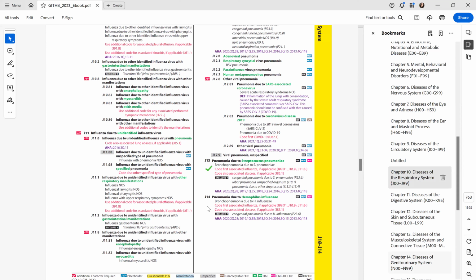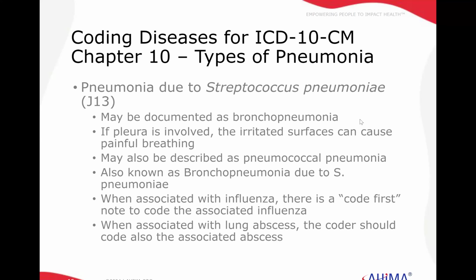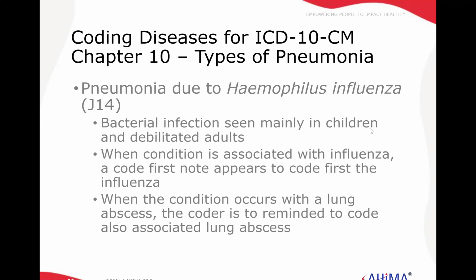And then another one under J14, code associated flu, and any abscess as well. We just covered this one, the Haemophilus influenzae bacterial infection seen mainly in children and debilitated adults.